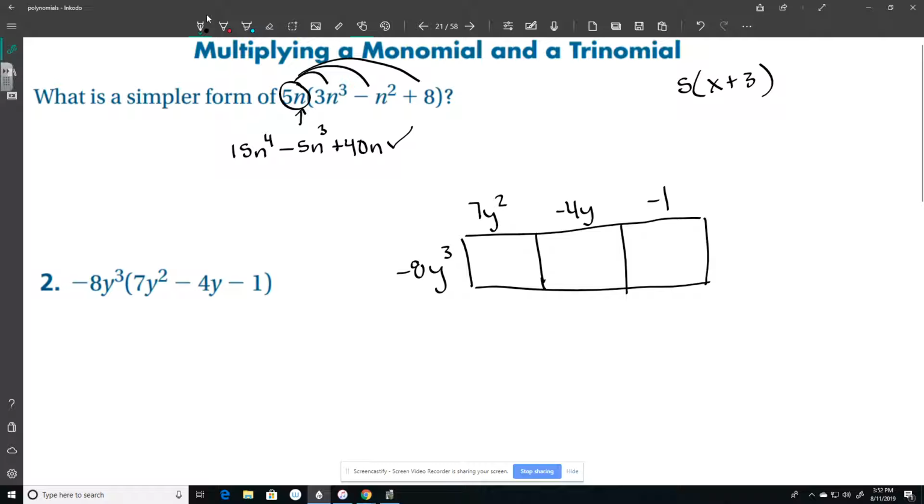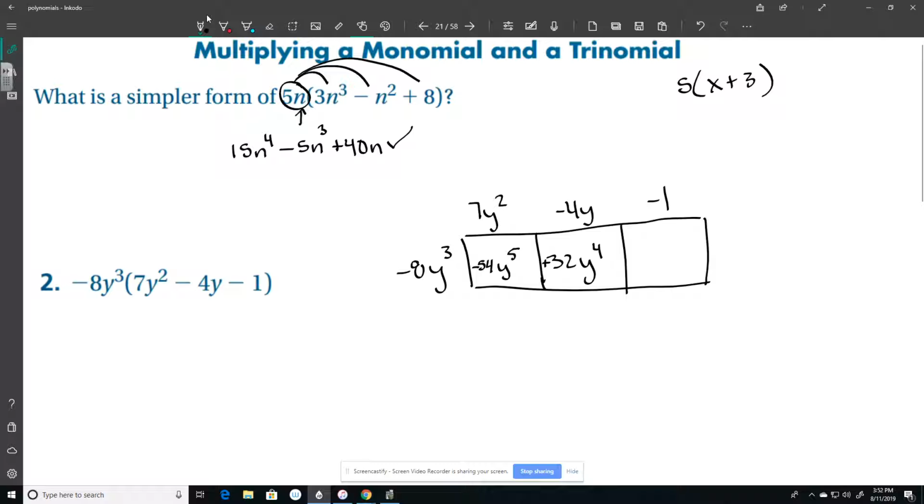So negative 8y cubed times 7y squared is going to be negative 8 times 7, which is negative 56. And y cubed times y squared is y to the 5th. Negative 8 times 4, negative 4, excuse me, I almost messed up. Negative 8 times negative 4 is a positive 32. y cubed times y is y to the 4th.